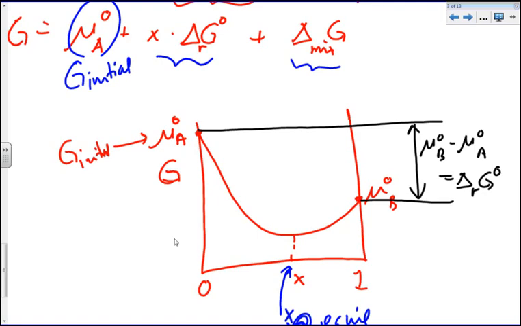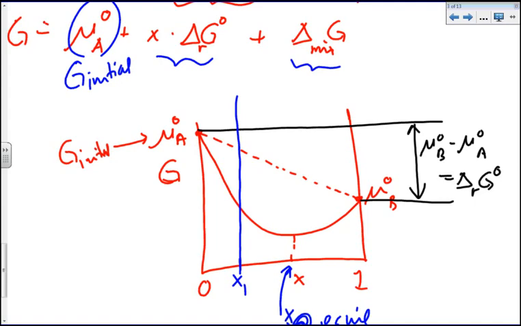Now, imagine a straight line going from all reactant to all product, that straight line. And let's say the reaction has gone to this extent right here, x1.